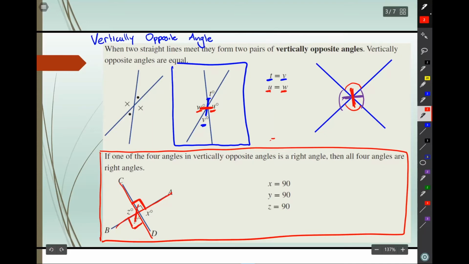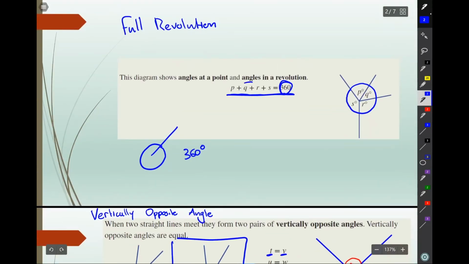Because these two have to be the same, because they're vertically opposite, but these two are also the same because 90 plus 90 plus 90 plus 90 equals 360, and all these angles have to add up to 360 because that's what the angles in a revolution add up to.